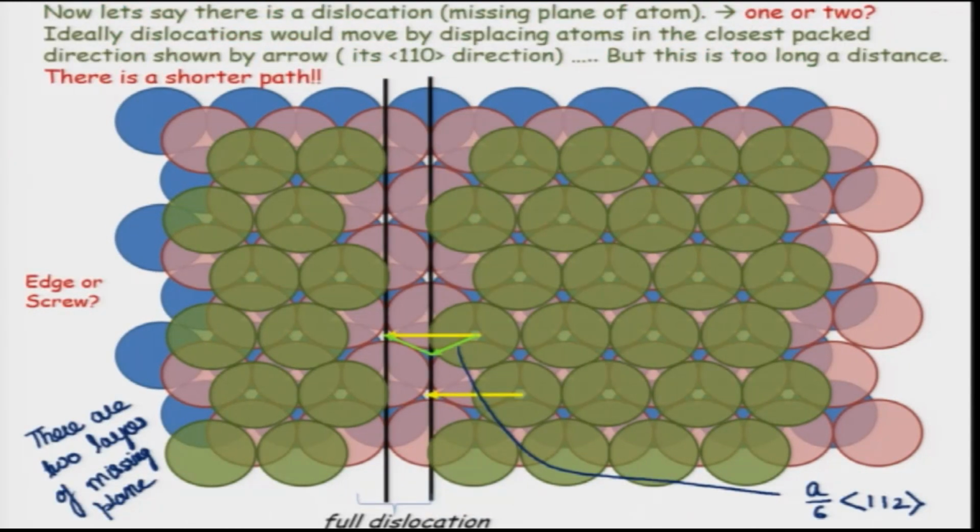We said there are two missing planes of atoms, and ideally the dislocation would like to move along the <110> direction, but it so happens that in this particular configuration there is even a shorter route possible. We will see later on, but not right now, that the a/6 <112> path is energetically favored.